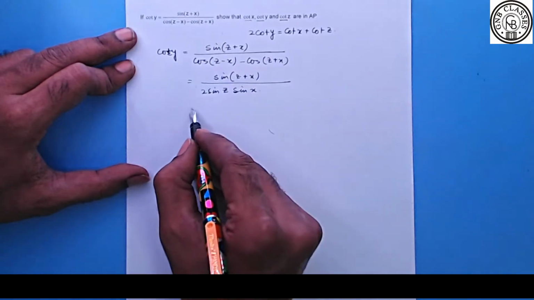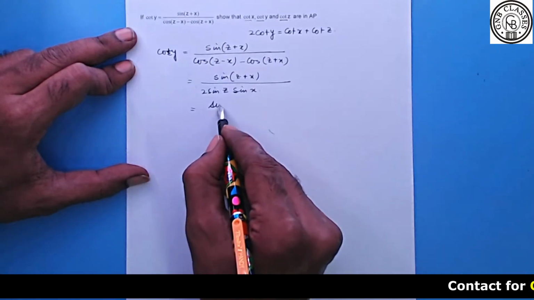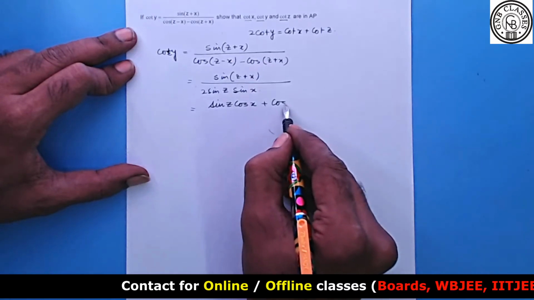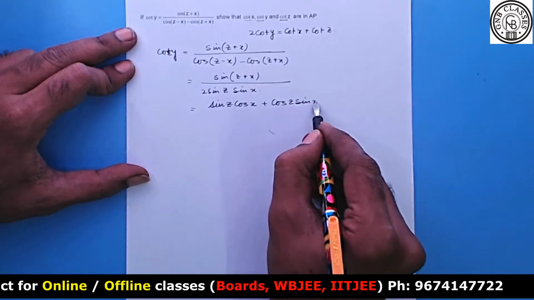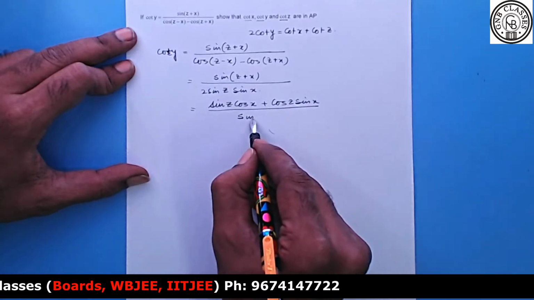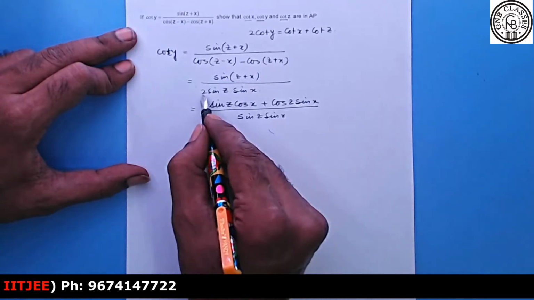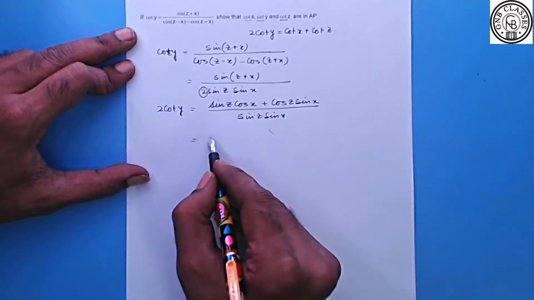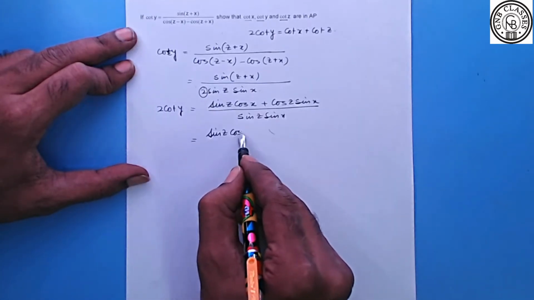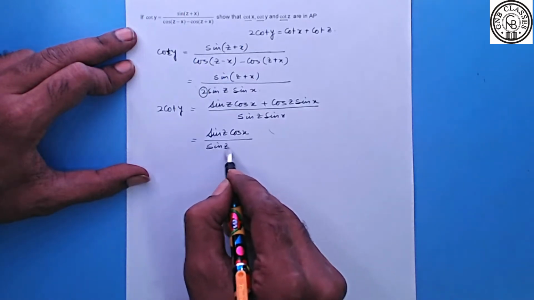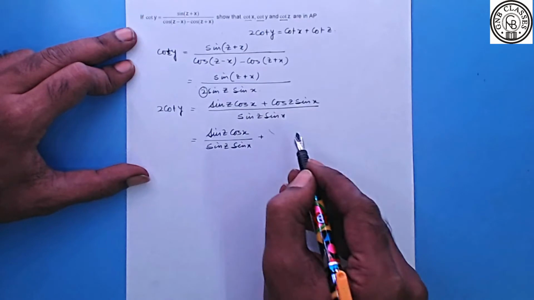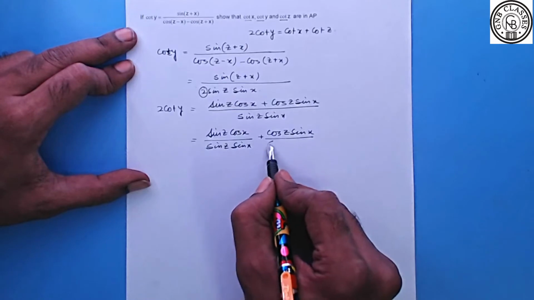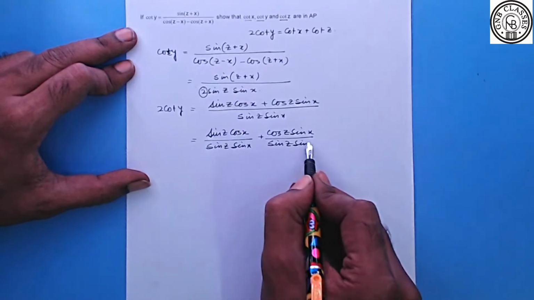Is it clear? Now, the numerator sin(a plus b), let us simply write sin a cos b plus cos a sin b, divided by sin z sin x. Let me take this 2 on the left hand side, so we are having 2 cot y. So, if I separate, sin z cos x by sin z sin x plus cos z sin x by sin z sin x.